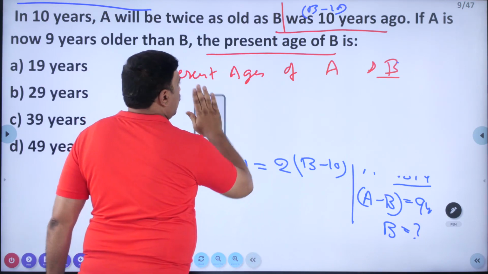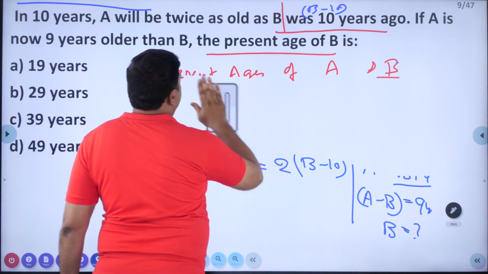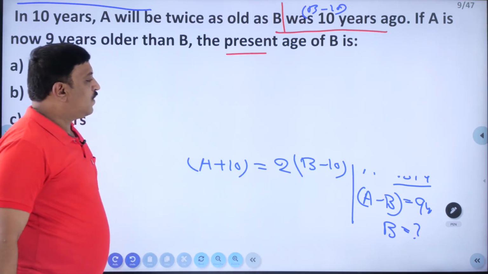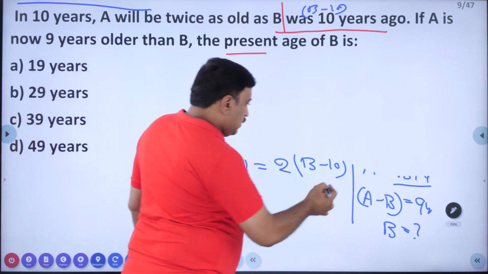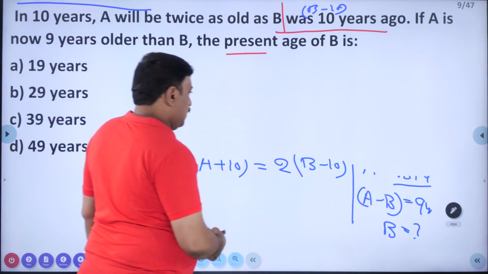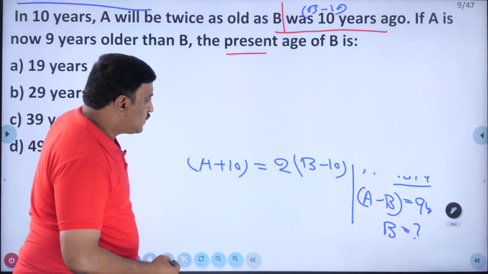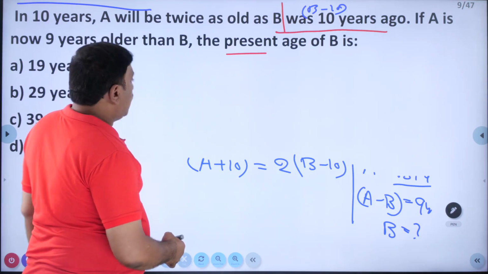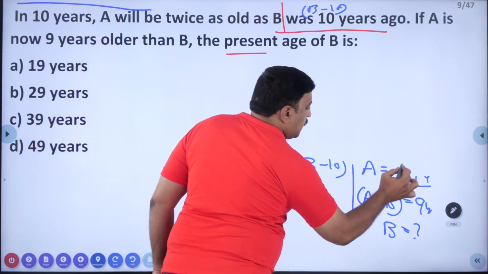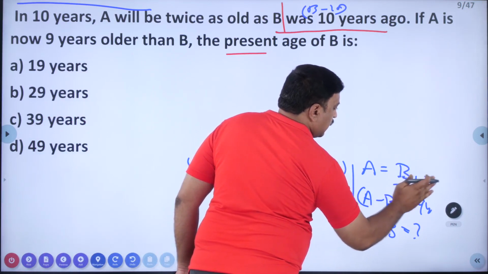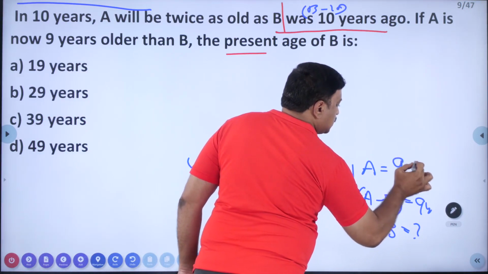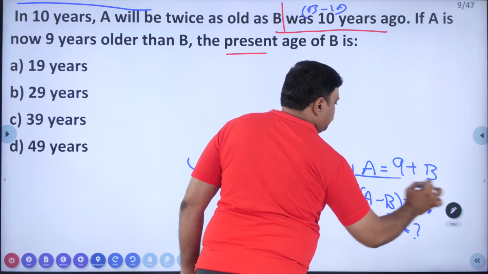Now we have taken the information and let us start our solution. Right? First of all, what is this one? A minus B. 2 times of this one. Then A is 9 plus B. Okay.